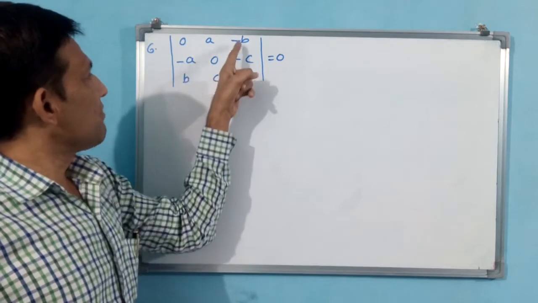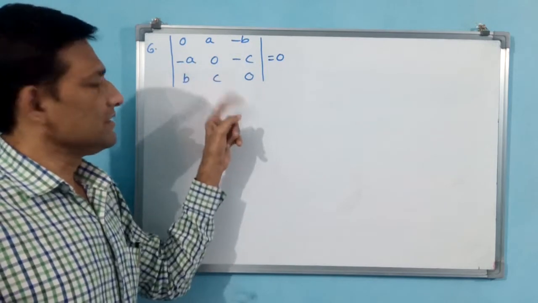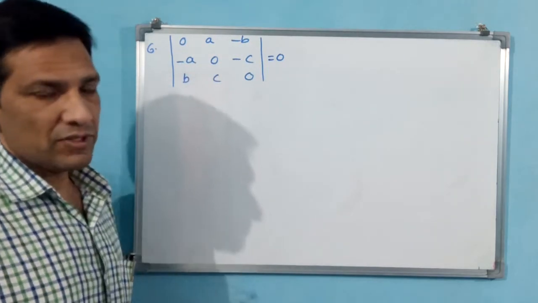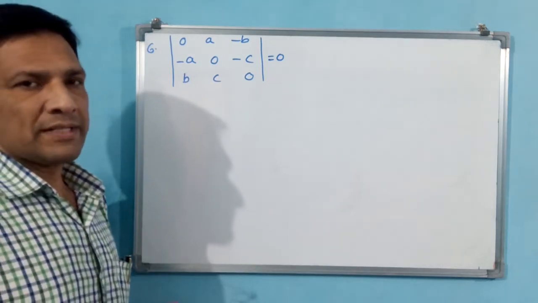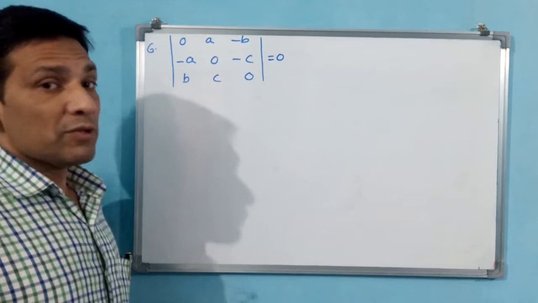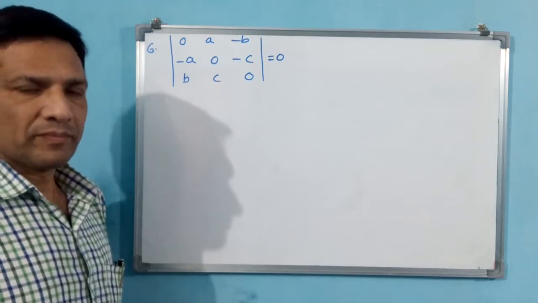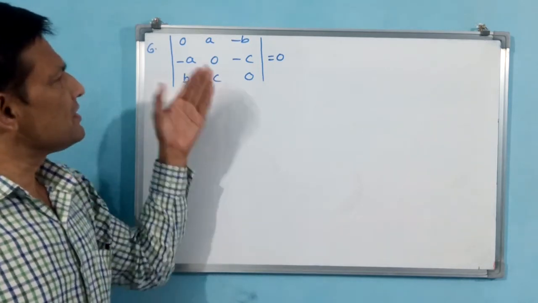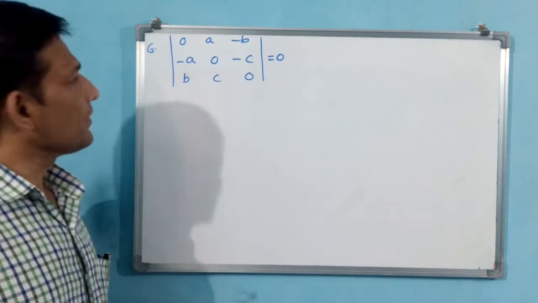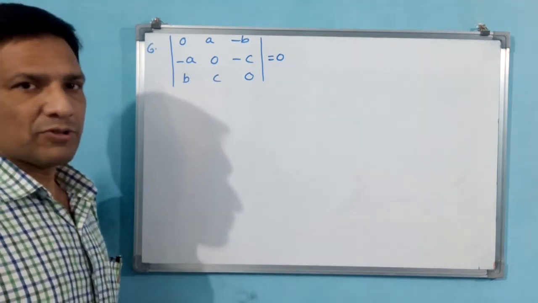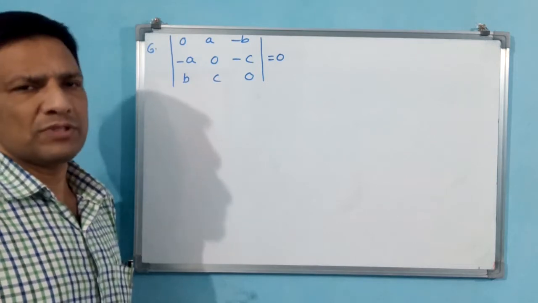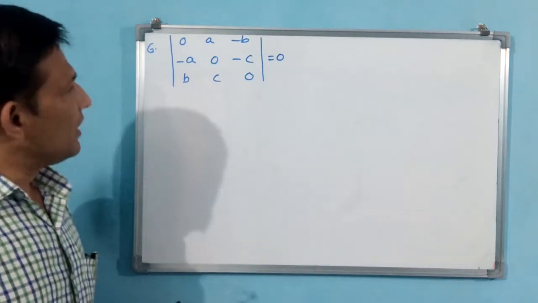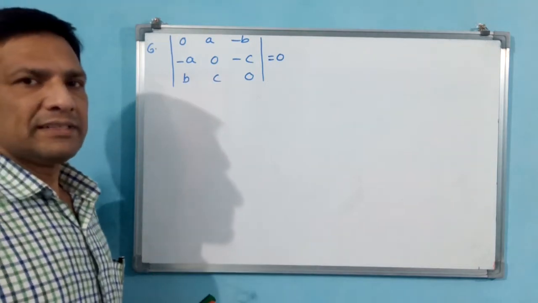A, minus B, B, minus C, C. Same value, opposite sign, a skew symmetric matrix. This we have to show as 0, without expanding. With expanding we can show it easily, but without expanding, by using the properties of determinants, we have to show this as 0. Let us see how we have done earlier questions like that.